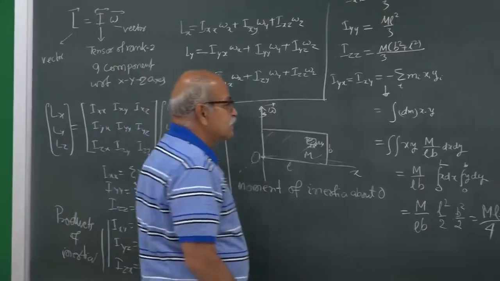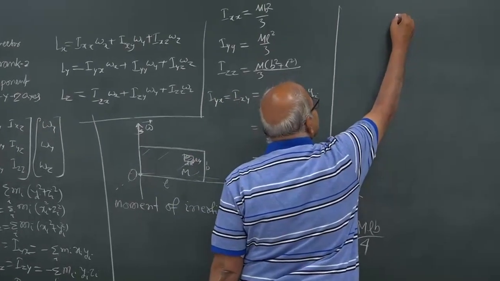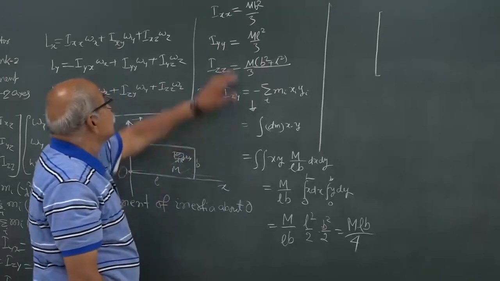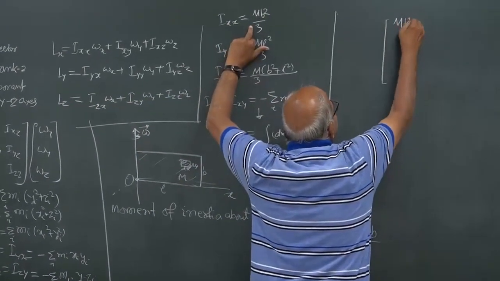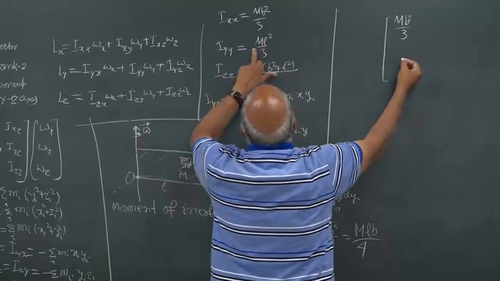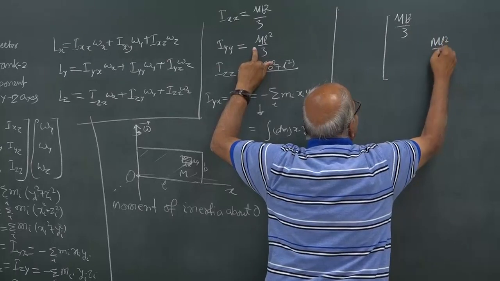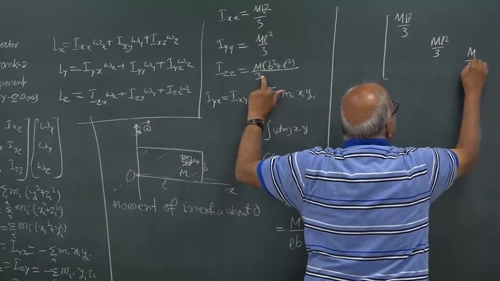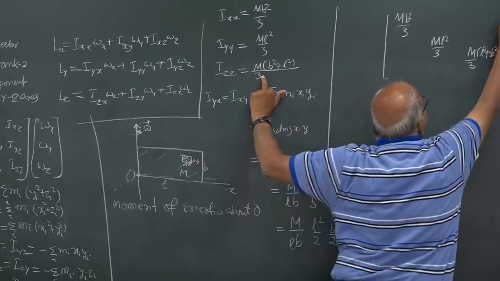So, let me write the moment of inertia tensor. So, that moment of inertia tensor is Ixx. Ixx is here, m b square by 3, Iyy I have to write here, m L square by 3, and Izz I have to write here. So, m by 3 and then L square plus b square.